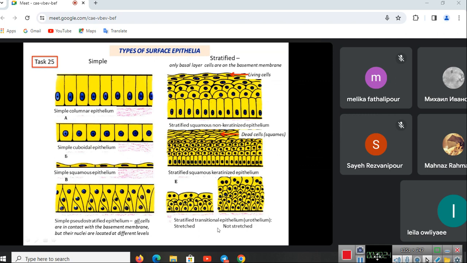So this is why it is called transitional, because its shape changes depending upon the rate of stretching of this epithelium.